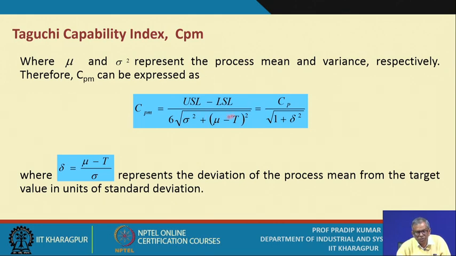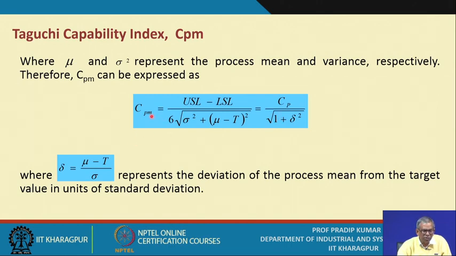Is it okay? So, this is basically tau square, and this is sigma square times 1 plus delta square, where delta is mu minus t by sigma. Mu is the process mean and t is the target. So, what is the difference between these? This difference is expressed in standard deviation units, and this is referred to as delta. So, small delta represents the deviation of the process mean from the target value in units of standard deviation.